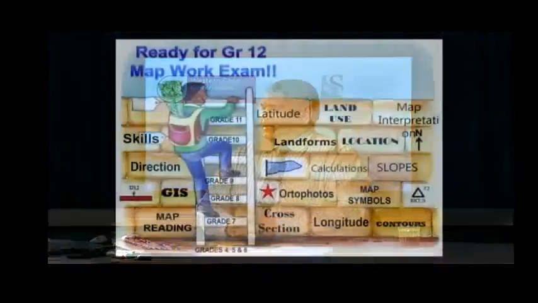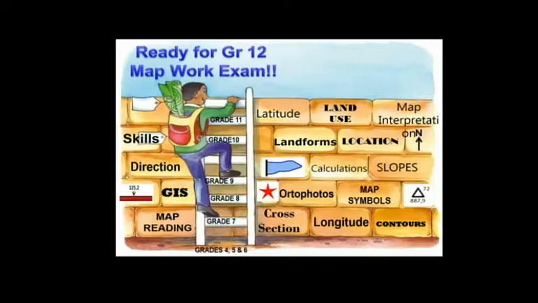Now, matrix, what we actually did here this afternoon is that I hope that you are ready for your grade 12 Mapwork exam. Now, remember, Mapwork starts actually at primary school already. And you are going to be examined on all these things from grade 7, 8, 9, right through till grade 12.